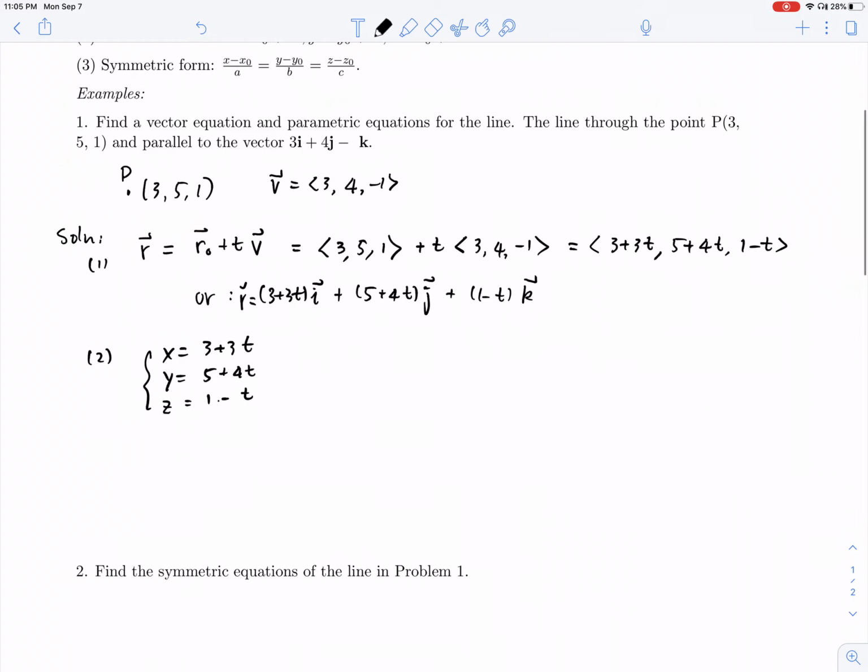Now, how about the symmetrical form? We just put the direction vector components in the denominators. But remember, we really have two equations.